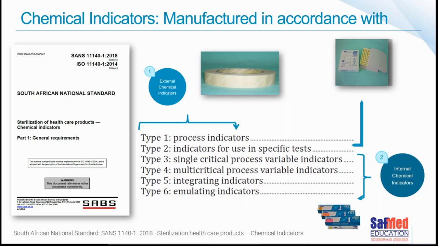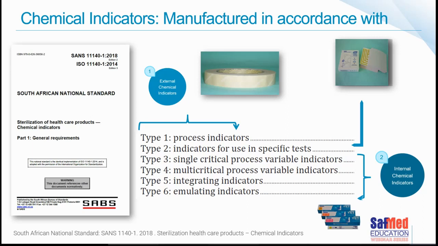In this particular standard, it goes on to categorize the different types of chemical indicators. And as you can see them listed over here, this is actually a copy and paste, a little extract from the standard itself, which is easily available and can be purchased on the SABS website. Type 1 processes are defined as process indicators, which we now know.